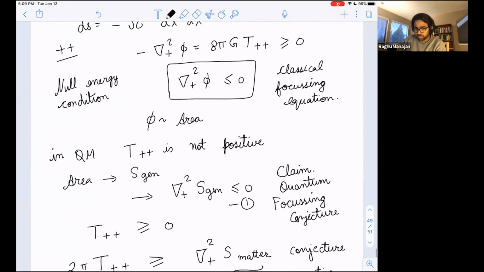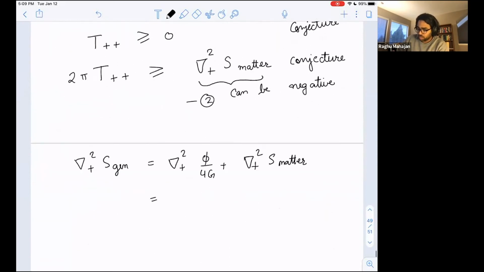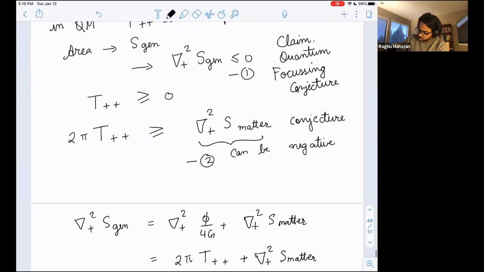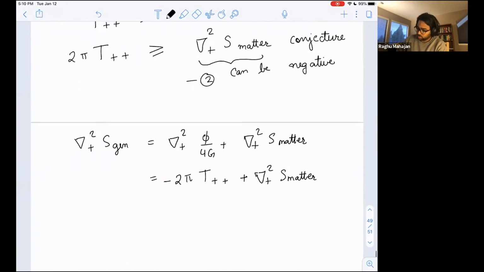If we are in semi-classical theory, the equation of motion is still correct. And so we get 2 pi T++ plus grad plus square of S matter. There's a minus sign here. And since T++ had a lower bound, which was precisely this quantity, we get that this is negative.